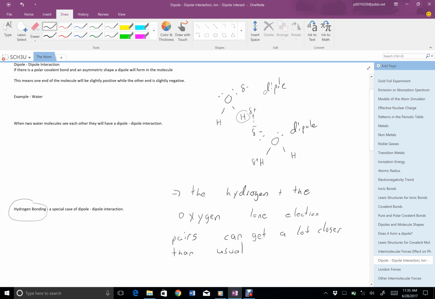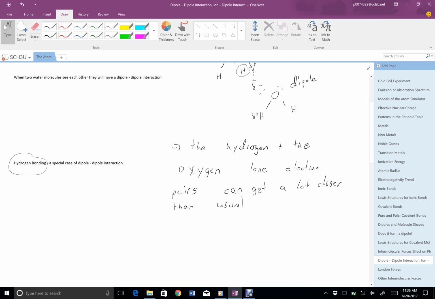You might recall that when things get closer, their forces get stronger. So a closer interaction means a stronger attraction.